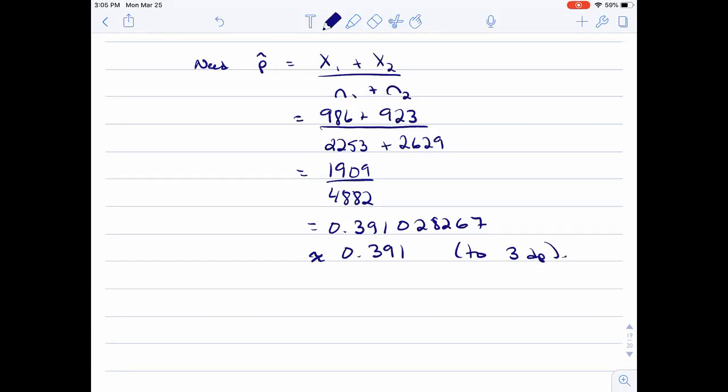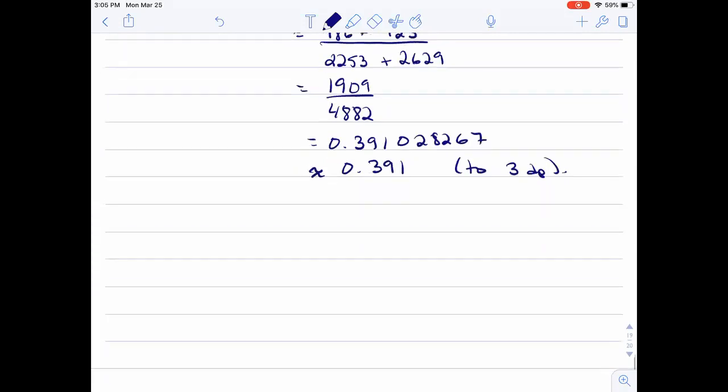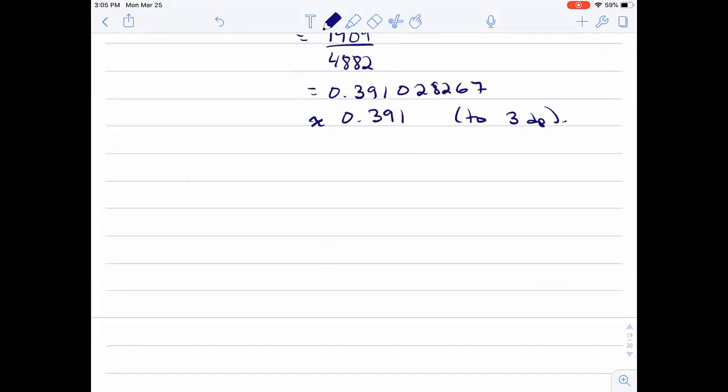Now we can check this condition: n1 times p hat, 2253 times 0.391, is 880.923. That's greater than 10, so that checks out.